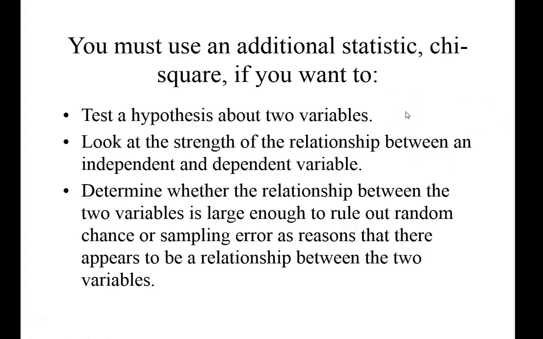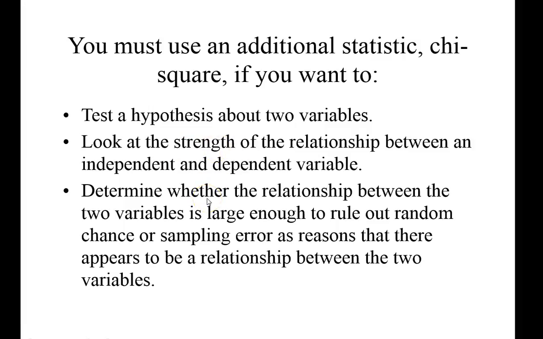Now, if we want to do additional work, we have to use what's called our chi-square statistic. Now this too is a bivariate test. So we're going to test a hypothesis about two variables. We're going to look at the strength of a relationship between an independent and a dependent variable. So we've moved from our correlations now to our strengths.